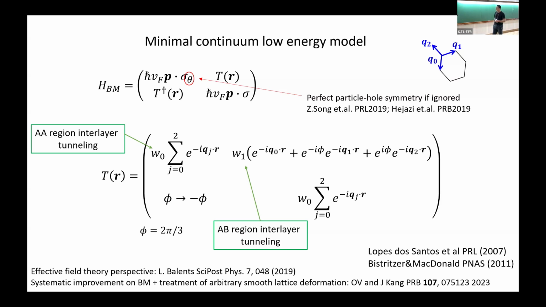And we use this perspective to build upon this and set up a systematic improvement to this Bistritzer-MacDonald model, in which we can treat an arbitrary smooth lattice deformation, including twist angle inhomogeneity, and we can go beyond just the leading order terms. And for those of you who are interested, there are two papers. This is the first of the two papers, and the reference to the second paper is over here.